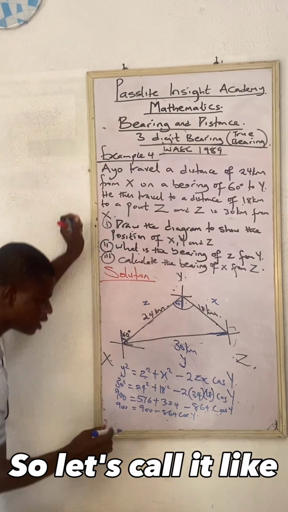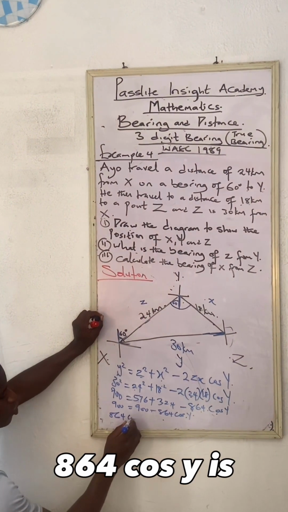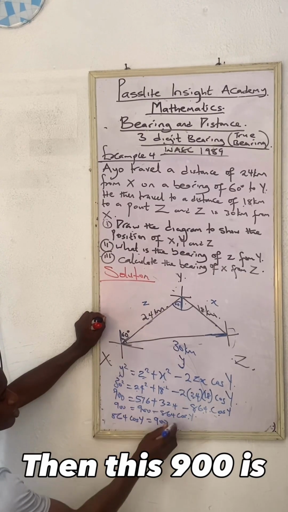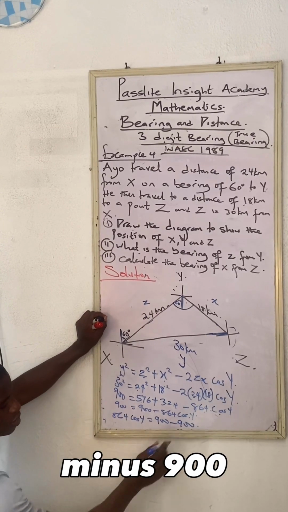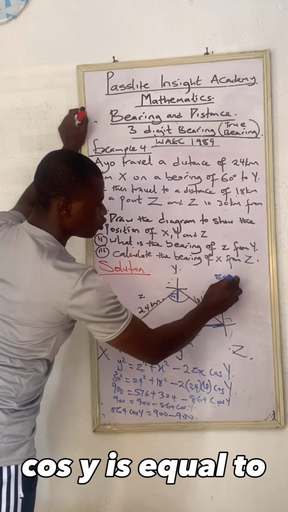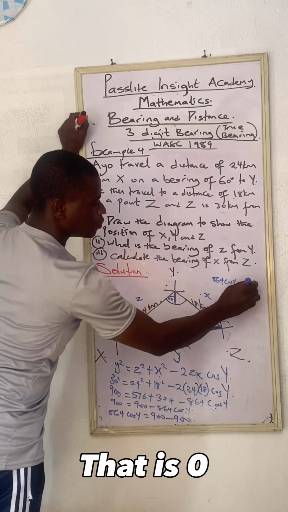So let's collect like terms. Can bring this inside. 864 cos Y is equal to what is there? 900. Then this 900 is going outside, minus 900. So we're having 864 cos Y is equal to 900 minus 900, that is 0.